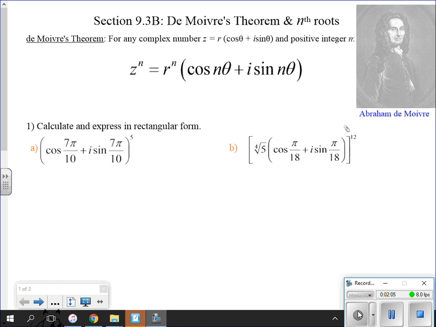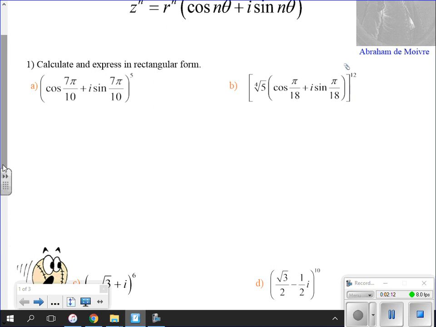Okay. So, for example, on the first one that I have here, I want to take this to the 5th power. What's my r in front? It's a 1.